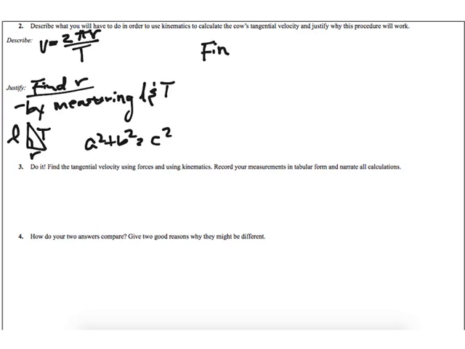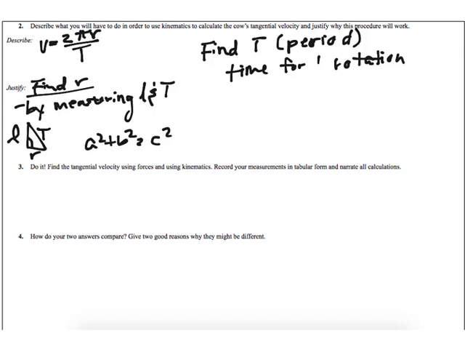So the other thing we have to do is we have to find t, or the period, or excuse me, the time for one rotation. Hopefully you guys learned by the different cart projects.